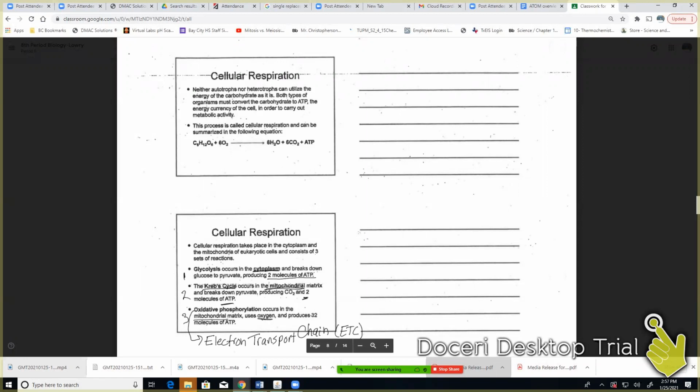It uses oxygen, and this is where we get the last 32 ATP. So you can see that's where you get your 36. We got 32 here, 2 here, and 2 here. So overall, if you add those up from the 3 different parts, that's where we get our 36.